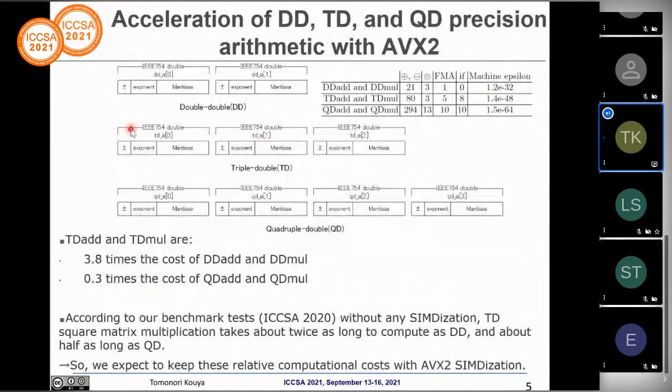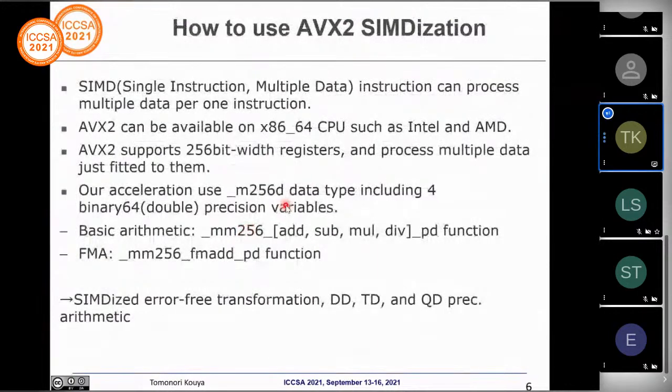These are our targeted multiple precision arithmetics: double-double precision, triple-double precision, and quadruple-double precision. We accelerate these multiple precision arithmetics by using AVX2. AVX2 is available on x86-64 CPUs such as Intel and AMD CPUs.